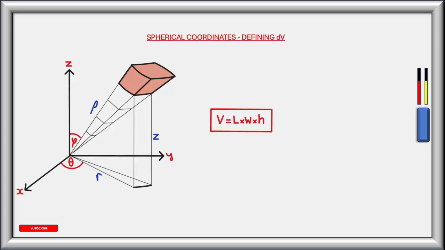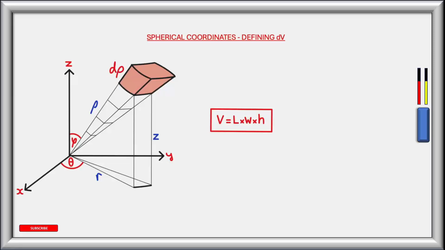We can see that the height dimension, circled here, is along the radial distance ρ, and is represented by an infinitesimally small piece of ρ, which we call dρ.